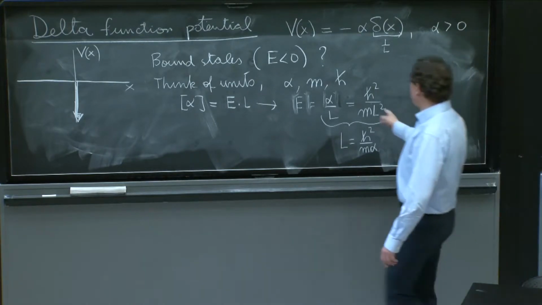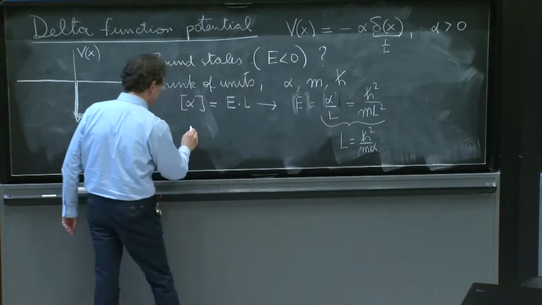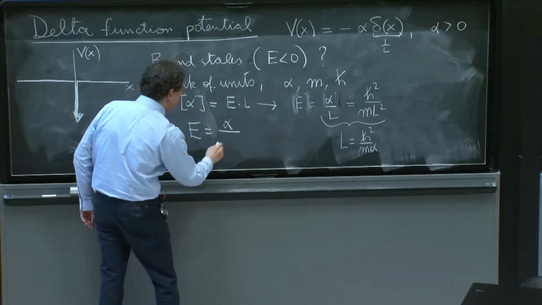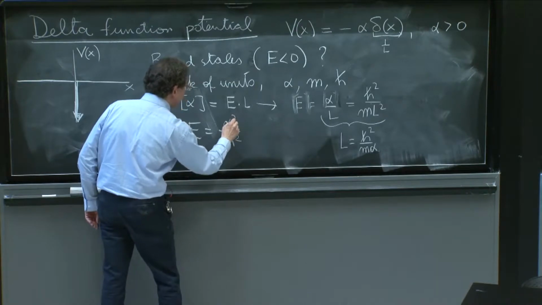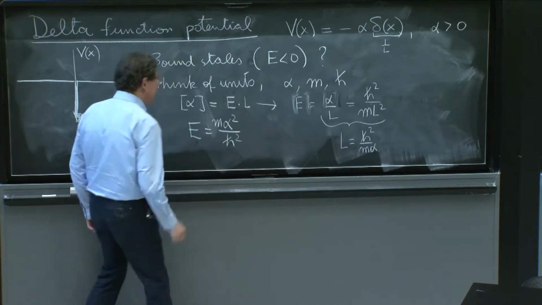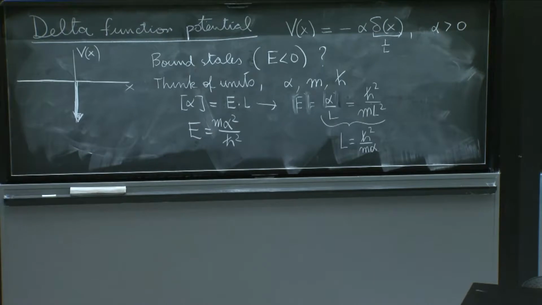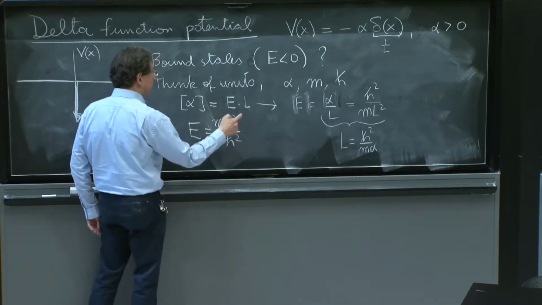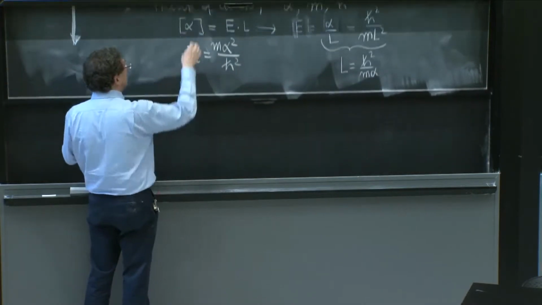And if I substitute back into this L here, E would be alpha over L, which is m alpha squared over h bar squared. So that's the quantity that has units of energy. M alpha squared over h bar squared has units of energy.